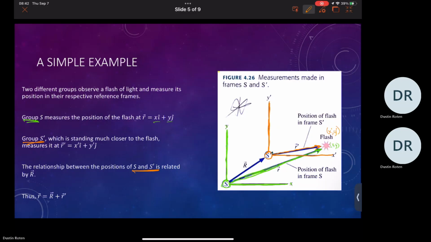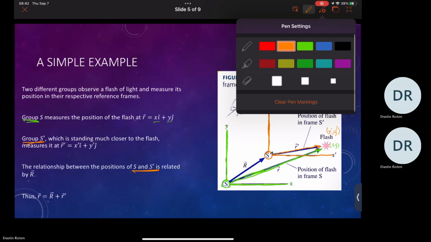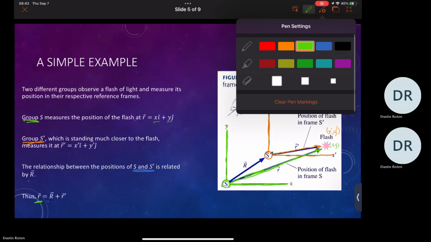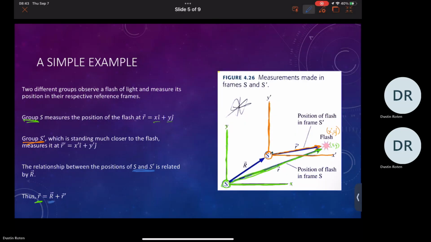So the relationship between these two, actually, let me use a different color to make some notes here. So we're going to take S and S prime, and we're going to relate them by R. So you'll notice this R, our long green vector here that was measured by group S, can be broken down into my blue vector over here in the picture.